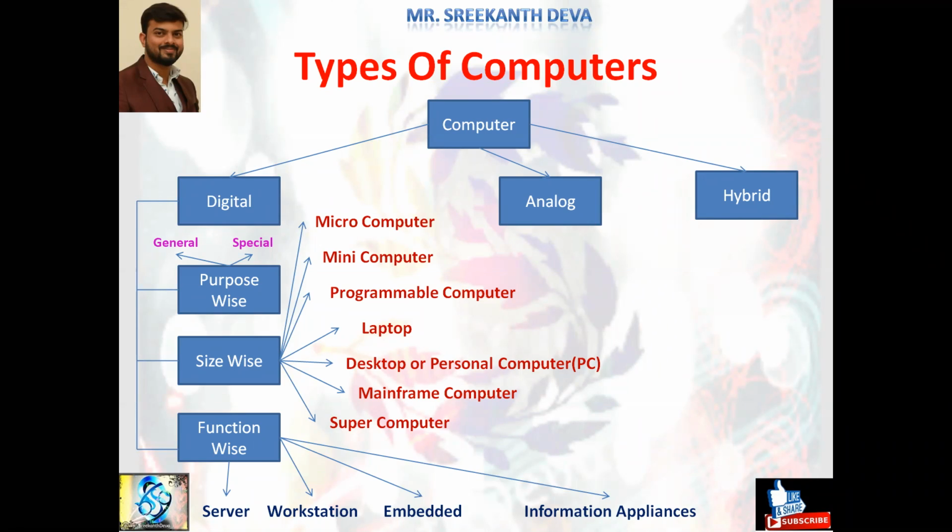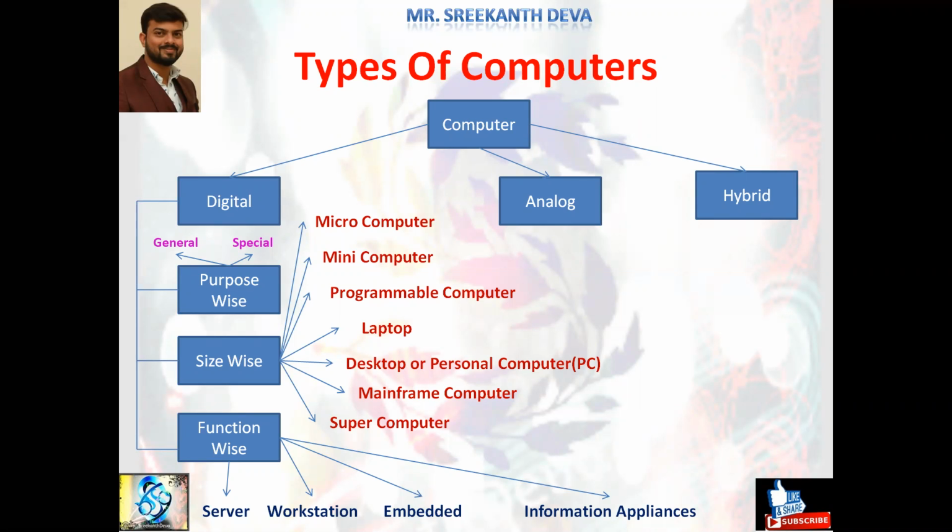Purpose wise is subcategorized into general purpose computers and special purpose computers. Size wise: microcomputers, mini computers, programmable computers, laptop, desktop or personal computer, mainframe computers, supercomputers. Function wise: server, workstation, embedded, information appliances.